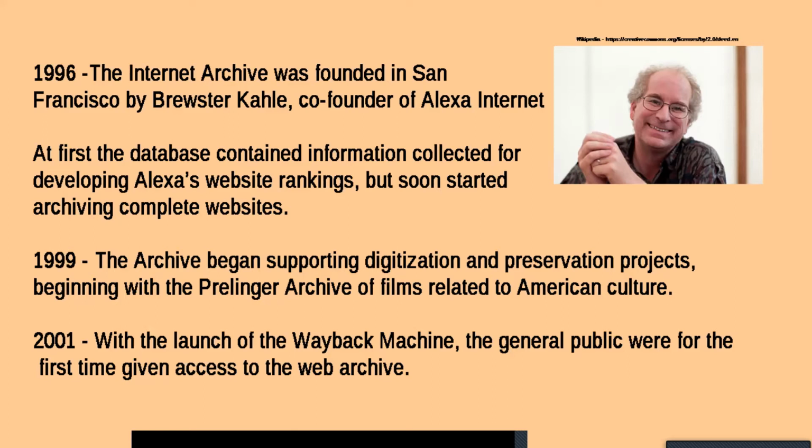So Brewster and a couple of other people, I think one of them was one of his students, decided that instead of just keeping all that information for their website rankings, and of course it became out of date and they could have just dumped it, they decided instead to start archiving it. And so they have those web crawling robots that are going around finding out all this information.